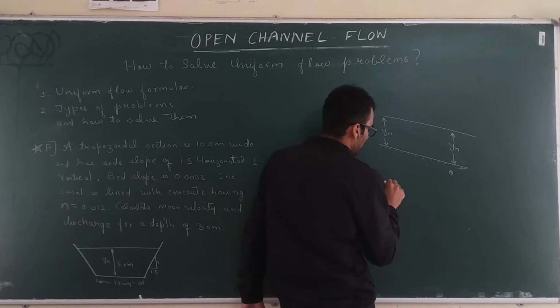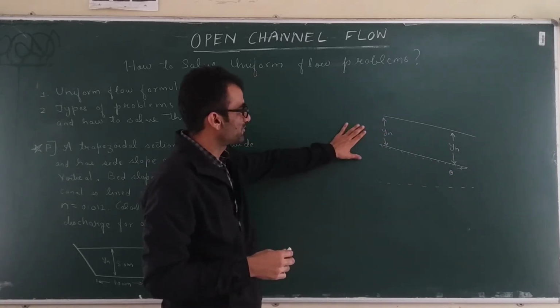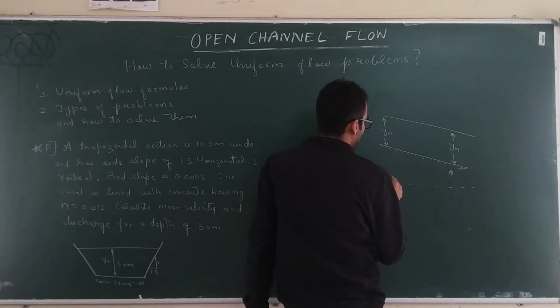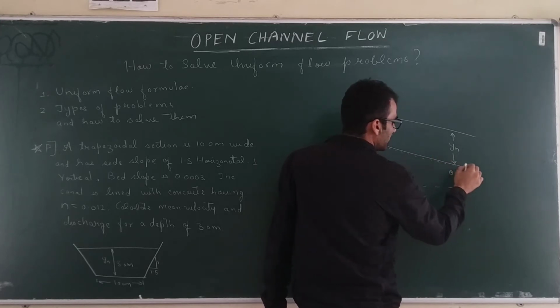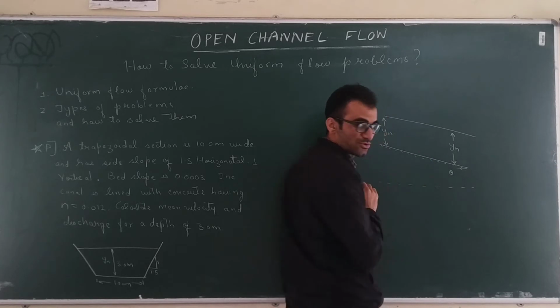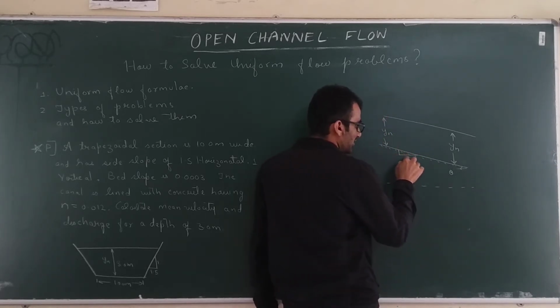Okay, again, now there are some properties that we should always remember. Let's say this is the channel bottom. Okay, so channel bottom will have some slope, some vertical to some horizontal. Now what is this?